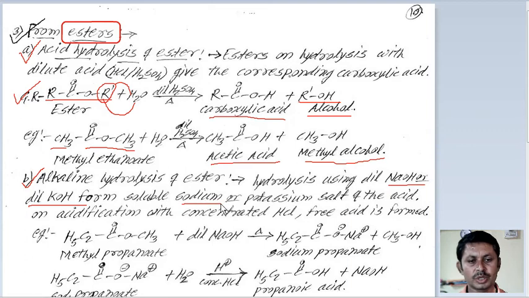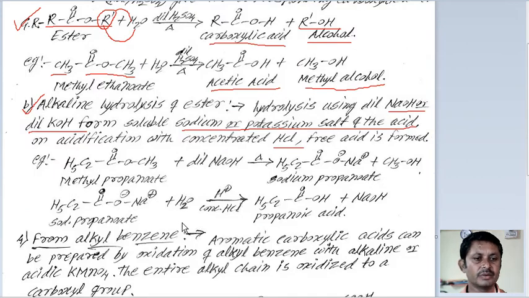Soluble sodium or potassium salts of acids on acidification with concentrated HCl give the free acid. How is it formed? See here, there is one example.